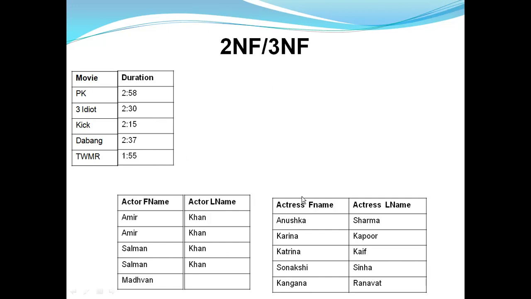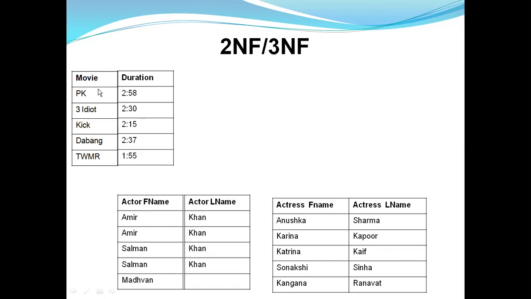How to create? So first decide what type of relationship is there. 1 to 1, 1 to many, or many to many. It's a many to many. One movie can have many actors. One actor can act in many movies.